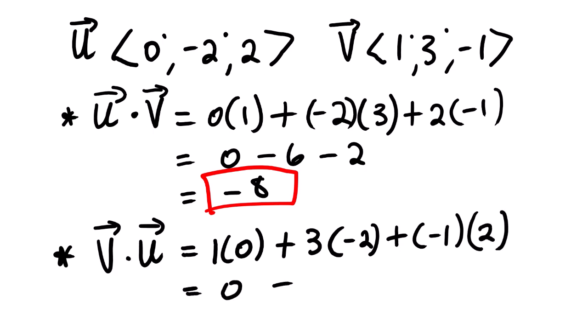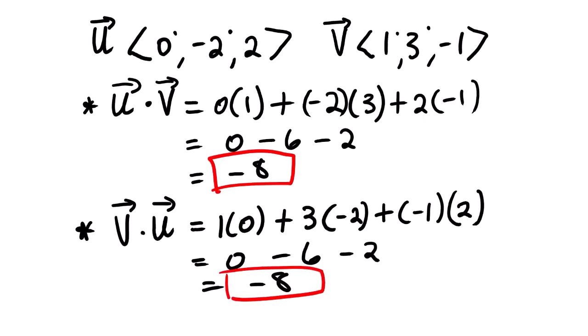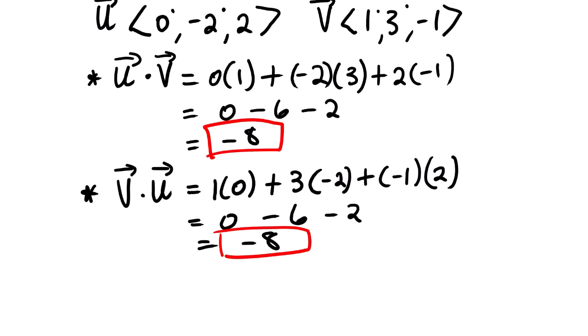So we have 0, negative 6, negative 2, and then negative 8. So we can conclude that vector u dot vector v equals vector v dot vector u.